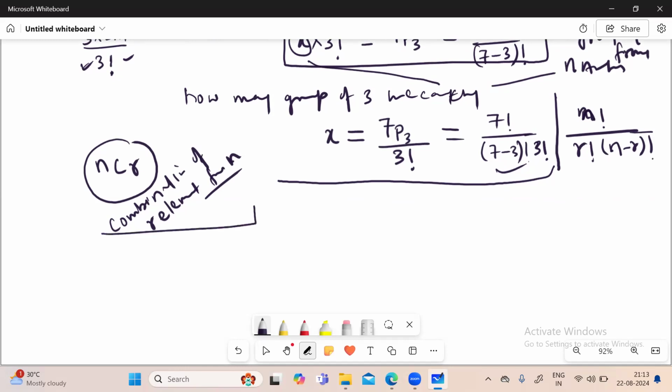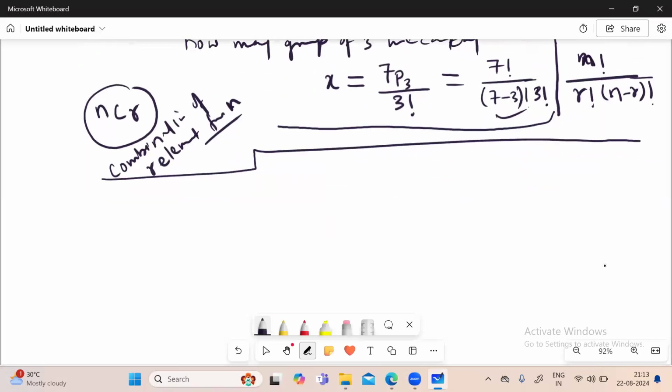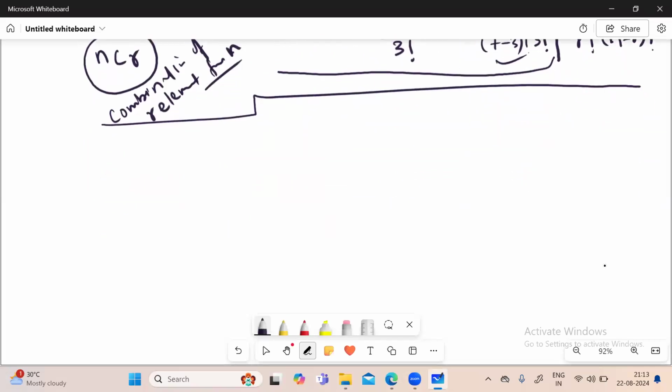So let's take an example that 8 different toys are there. You have to arrange 3 out of them in a sequence. तो पहले बताओ which will be a bigger number, permutation or combination?